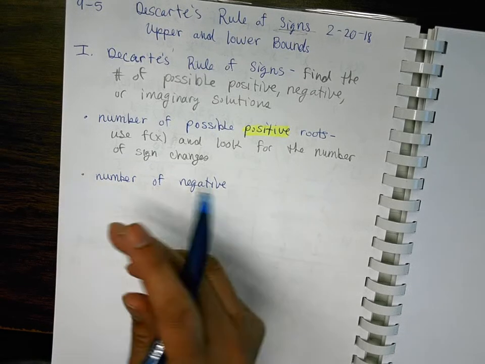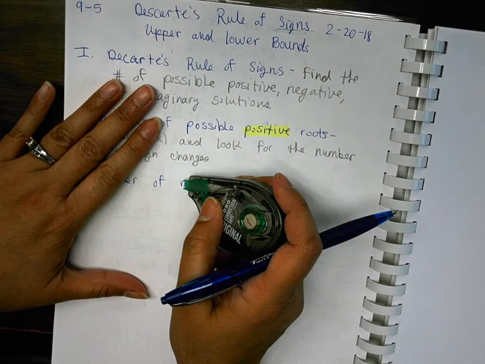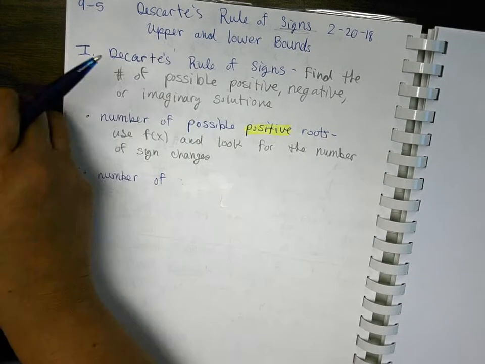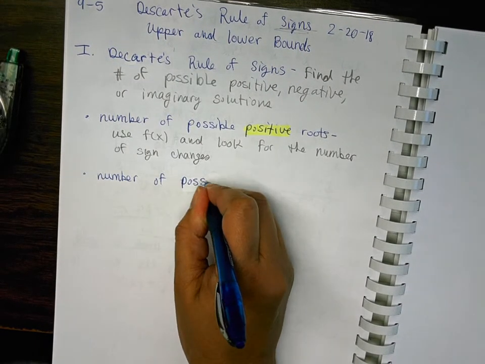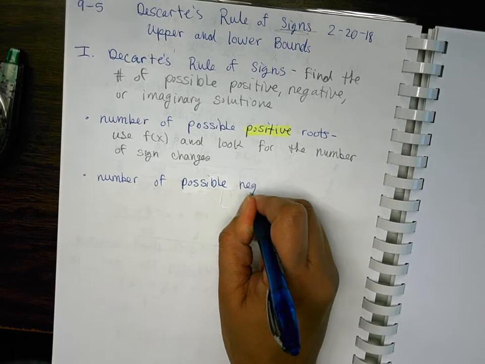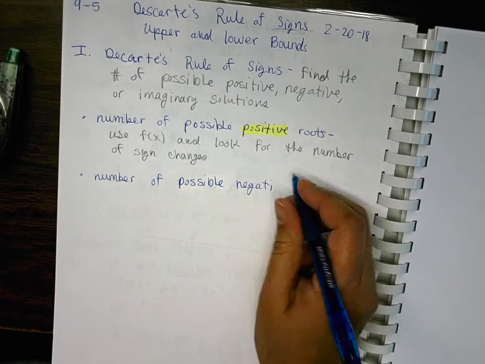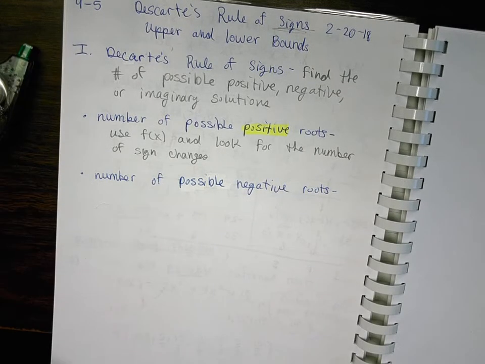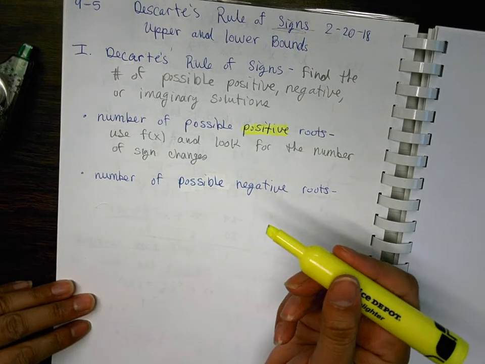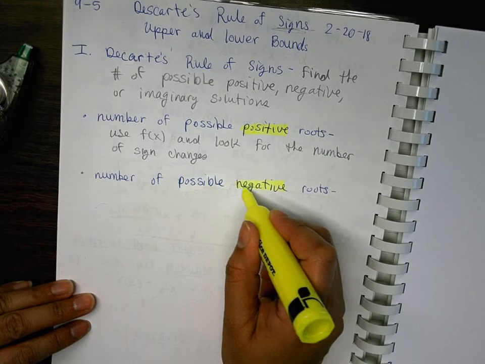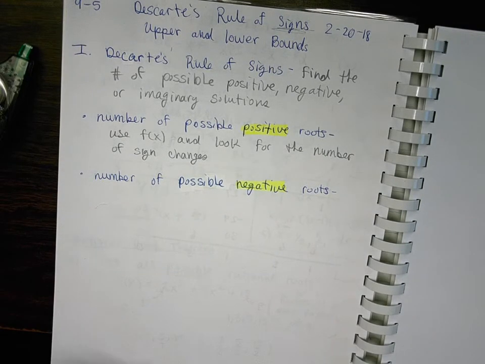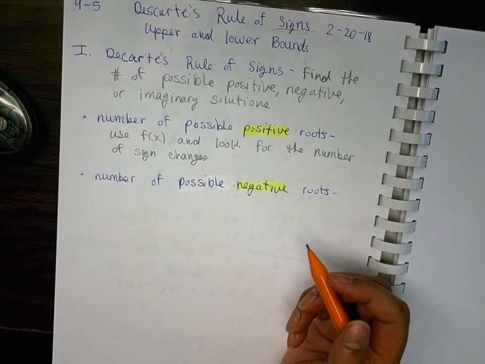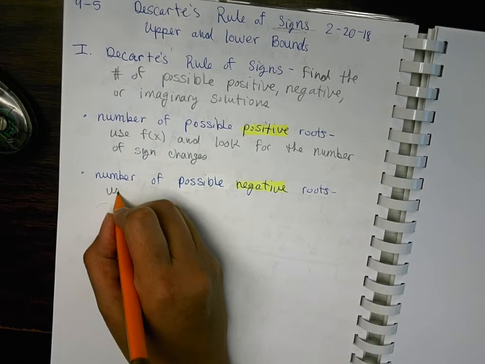Let's write the next one down, how we find the number of possible negative roots. I did forget the word possible. Any guesses at what we look at? Still going to look at sign changes, but instead of f of x, any thoughts? F of what?